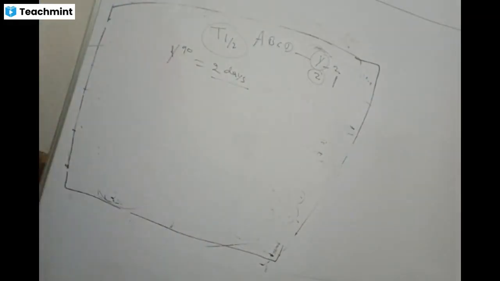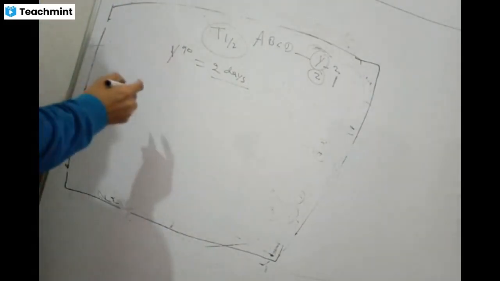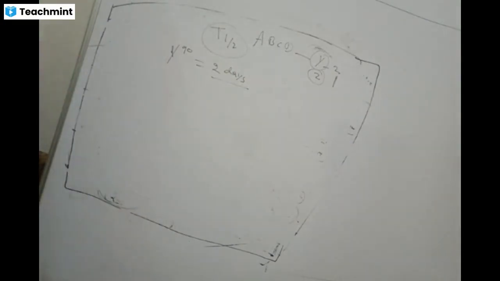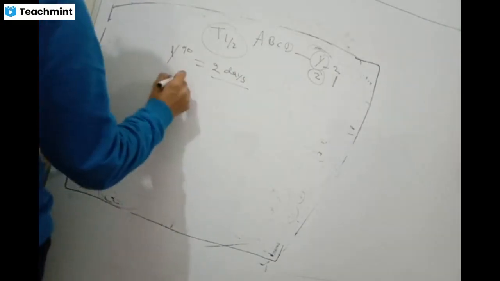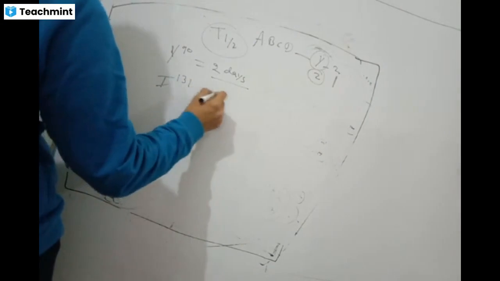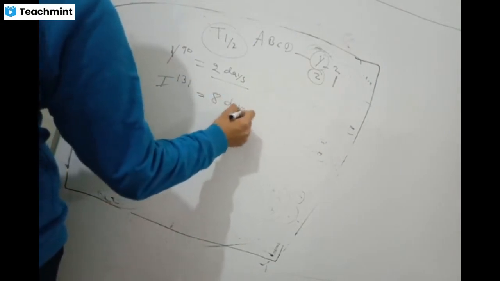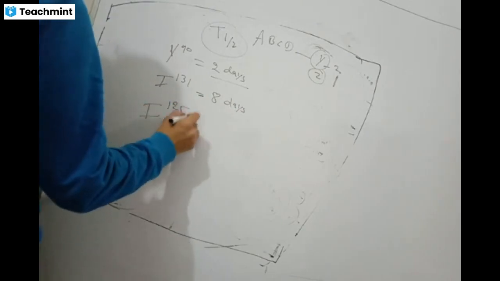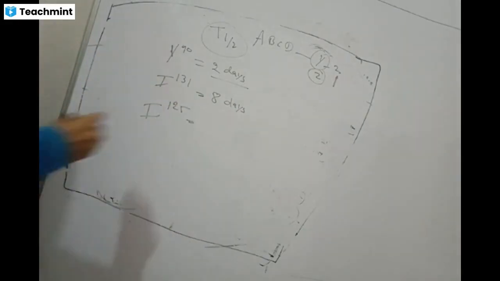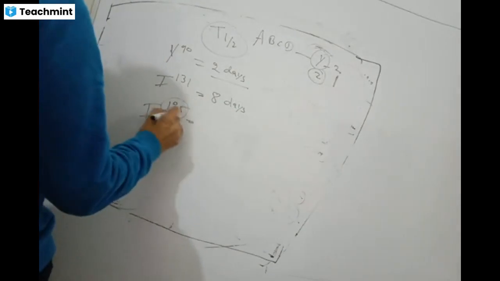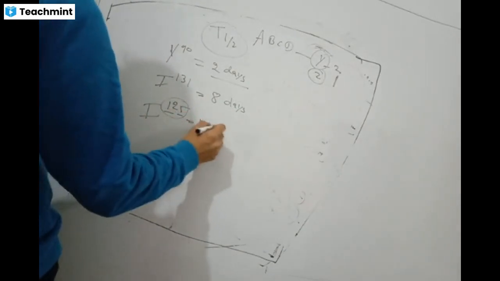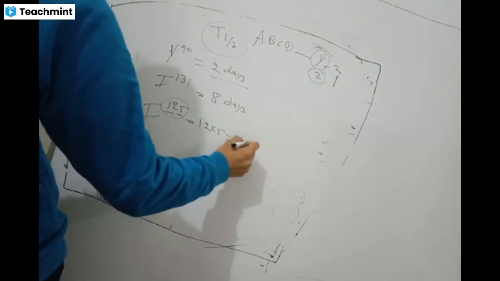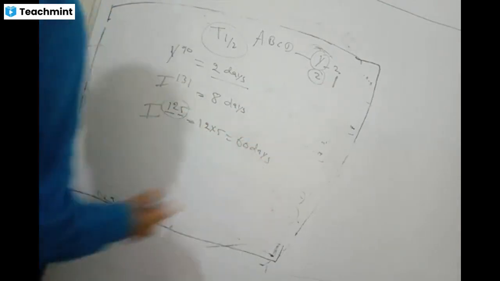So 2 days. After this, iodine 131, this is 8 days. Then we have iodine 125. How to calculate this? Separate this 12 and 5. 12 into 5, it is 60 days.